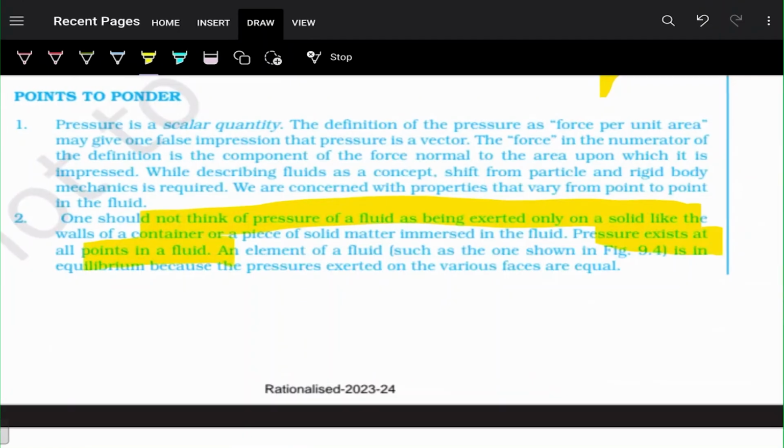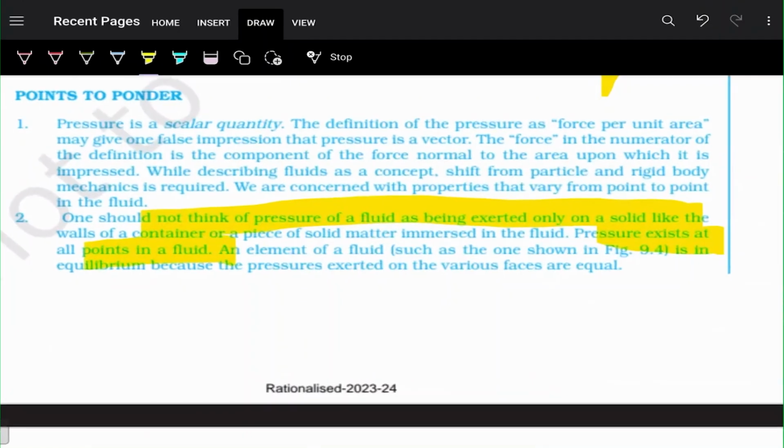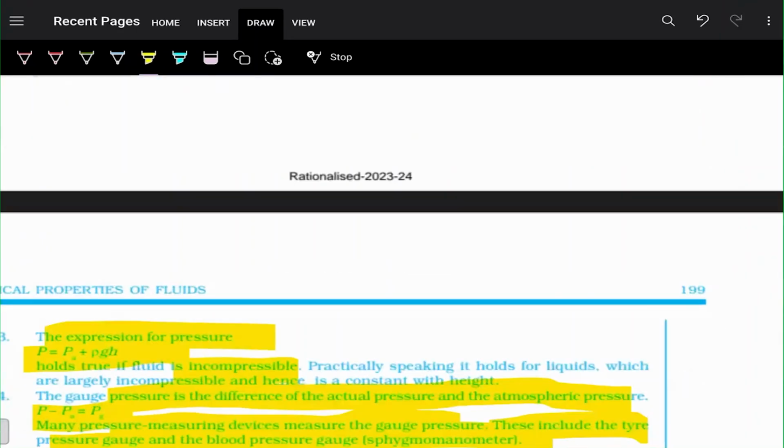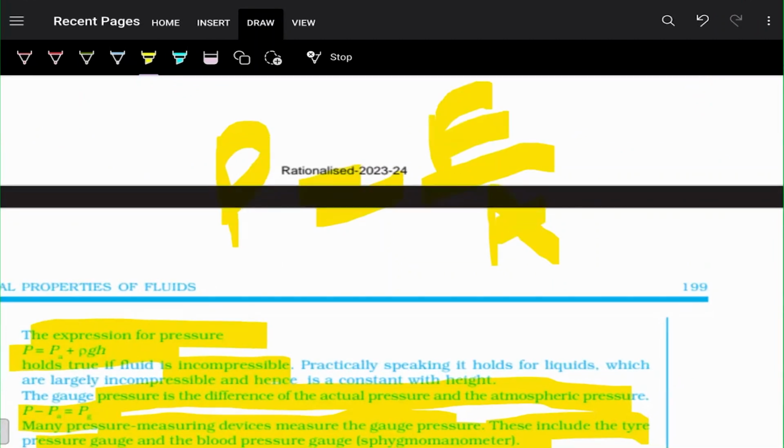All points. At all points, what exists? Pressure exists. And pressure is a scalar quantity. Never forget that pressure is a scalar quantity even though force is a vector quantity. See, pressure is actually force by area only. Force is a vector quantity, but still pressure is a scalar quantity.